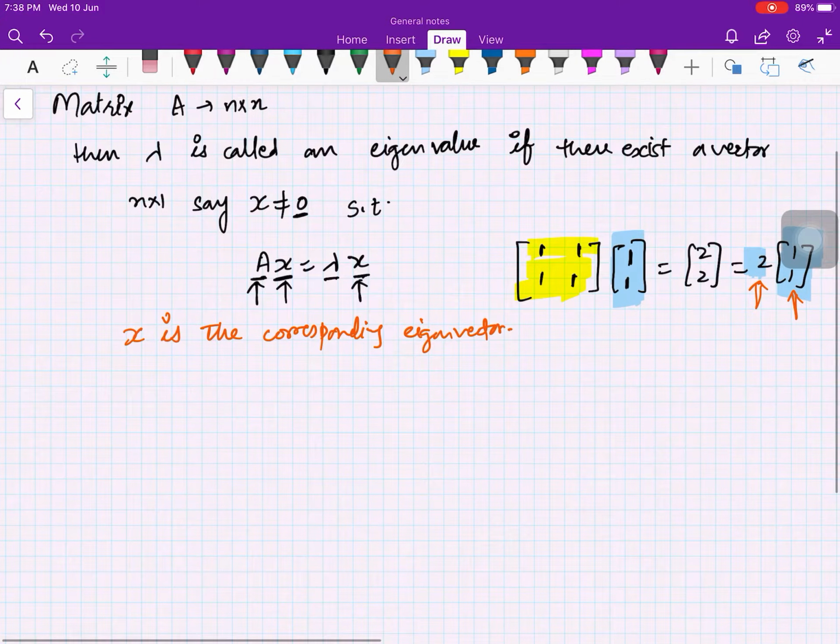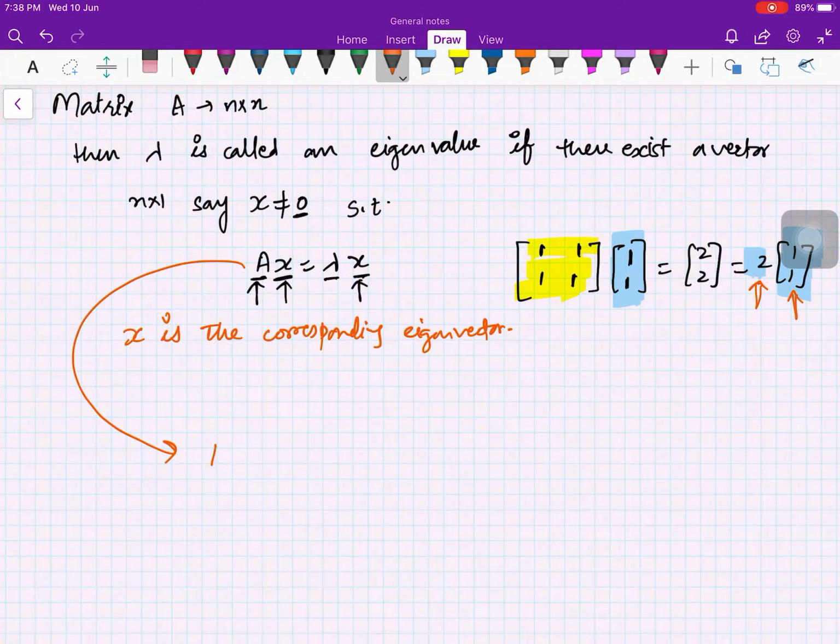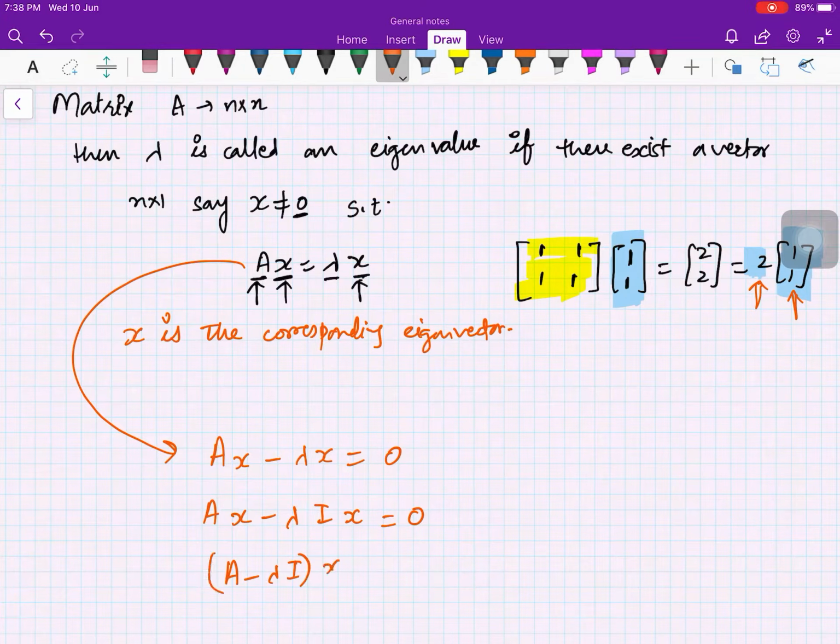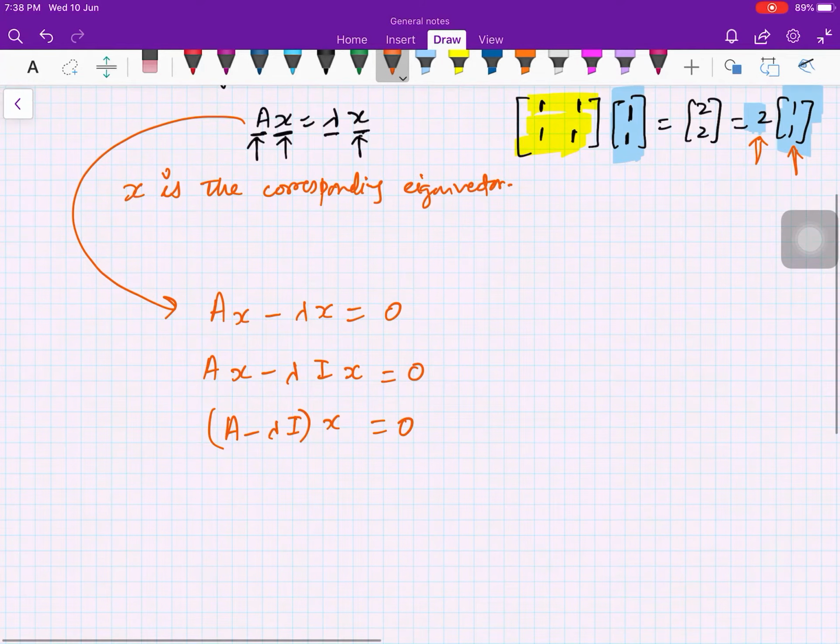Now, how to find these eigenvalues and eigenvectors? It is very easy. We can write Ax minus lambda x is equal to 0, and I can write it as Ax minus lambda times the identity matrix of size n into x is equal to 0. This I can write as (A minus lambda I) x is equal to 0, right?